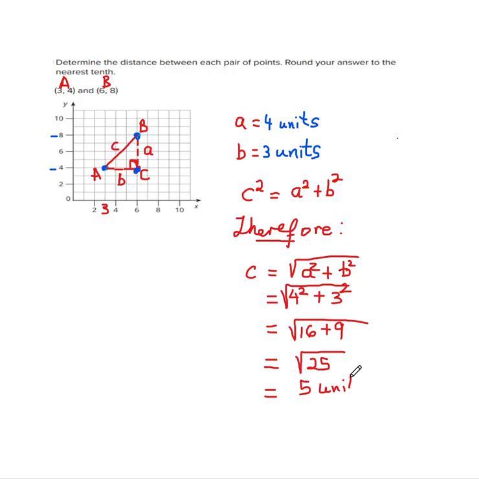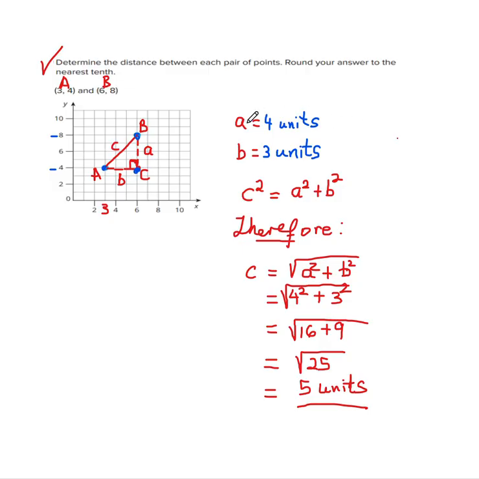And so now we've found the distances of all 3 lengths, A, B, and C, and we have satisfied what the question asked us for specifically, which is to determine the distance between each pair of points. So our answer is 5 units.